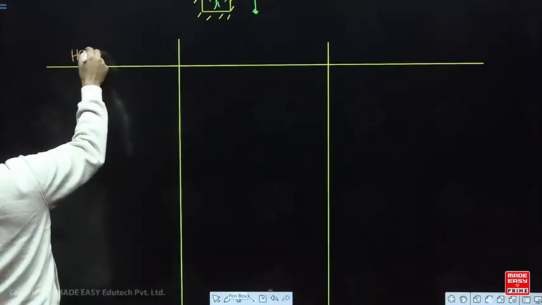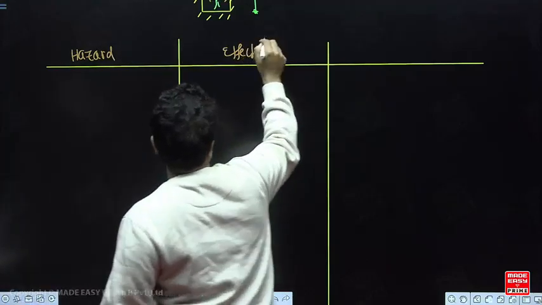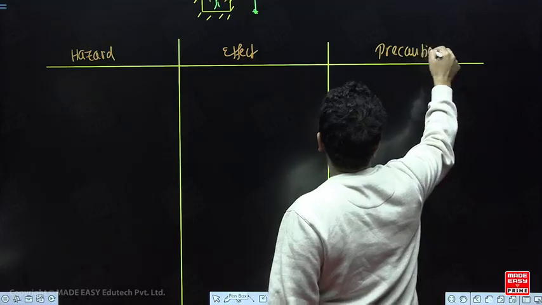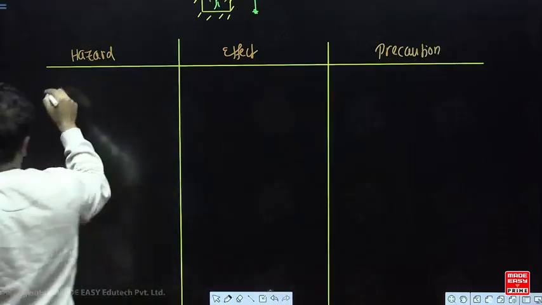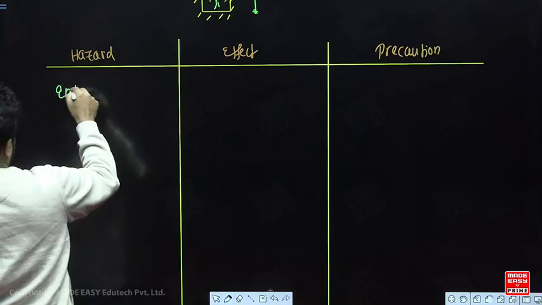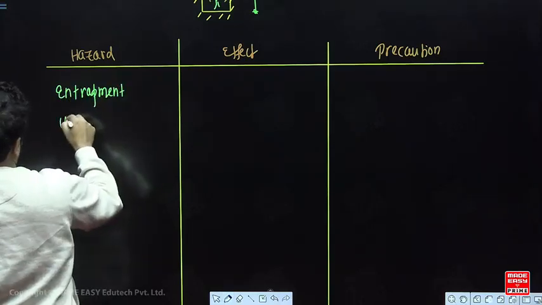Hazard, effect, and then precaution. Hazard is entrapment under soil. Hazard क्या है? So here, entrapment under soil.